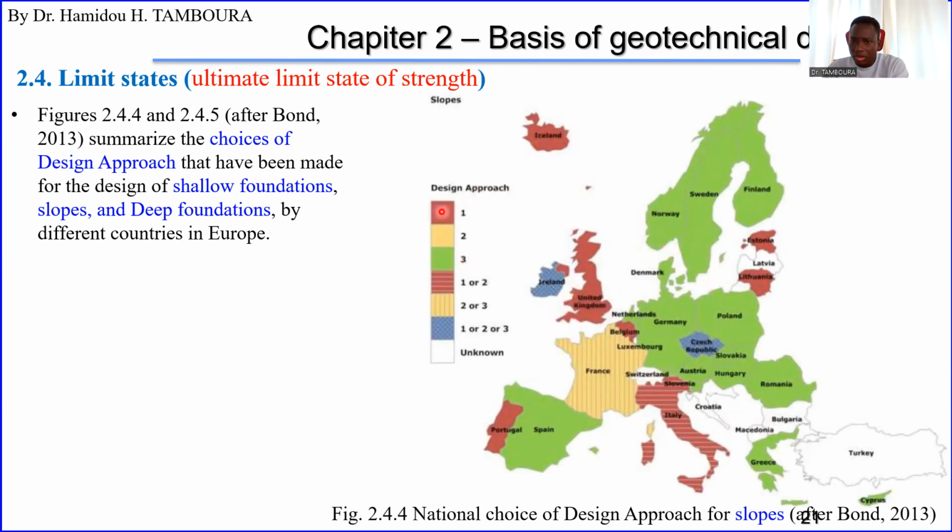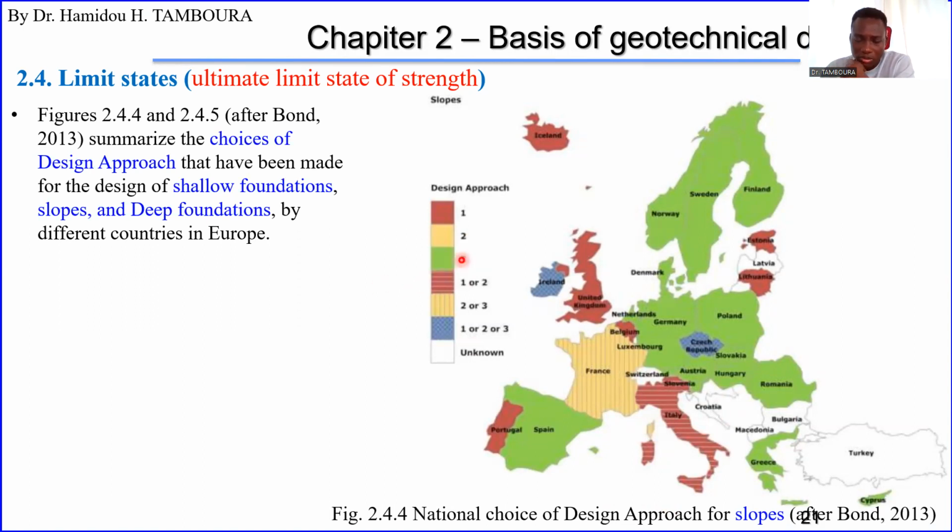The red part here and here, these countries are using design approach 1. Design approach 2, for example, this country.